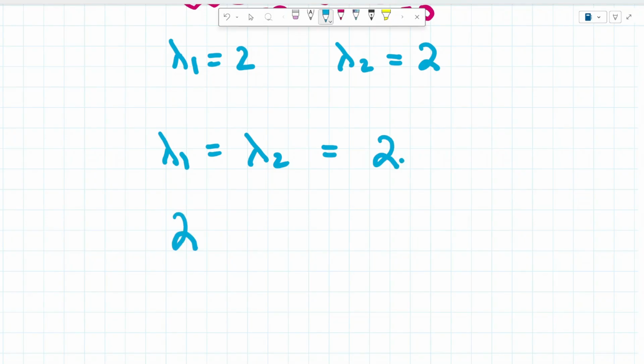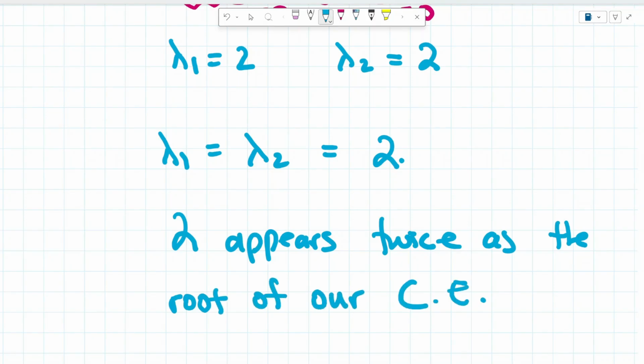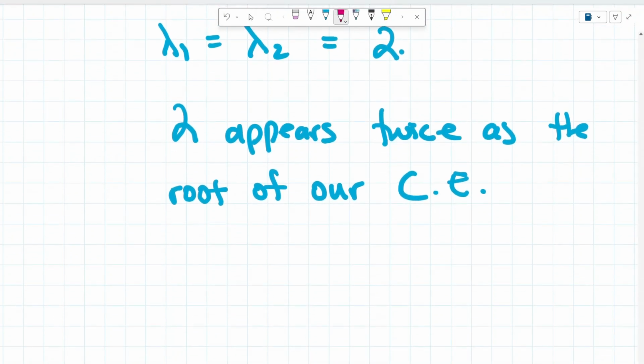So 2 appears twice as a root of our characteristic equation. And because it appears twice, the algebraic multiplicity is equal to 2, because that eigenvalue appears twice in our characteristic polynomial.